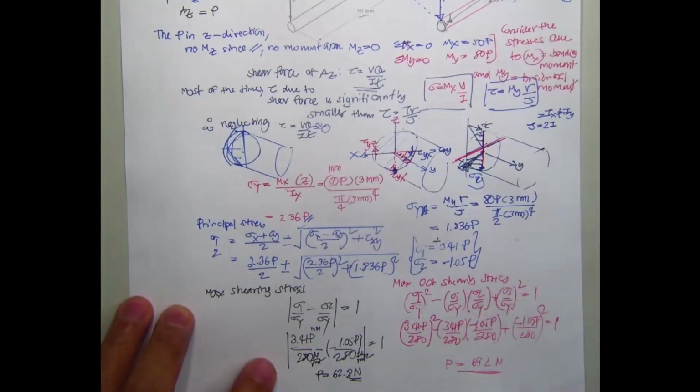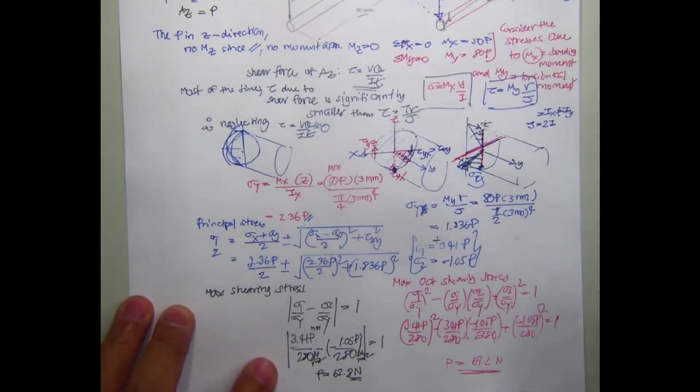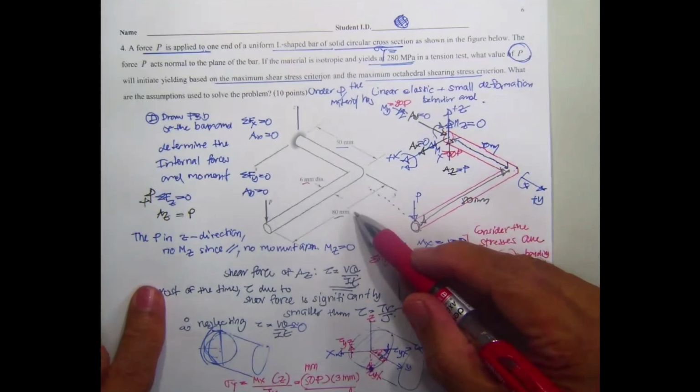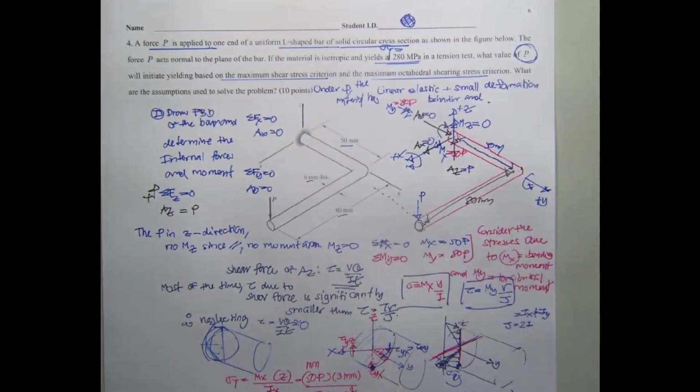I should get the same, but I switched the 50 and 80. Keep your own score. You mean you have a mistake on the engineering statics and mechanics of materials, so keep your own score.